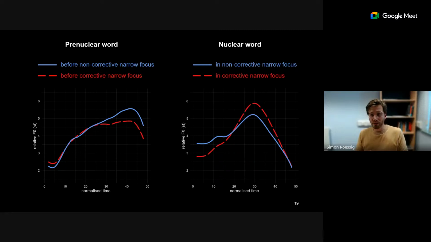So we have a certain dimension of givenness, and it overlaps with the dimension of focus. Contrastive versus non-contrastive narrow focus would be a way to overcome this, because in this case the prefocal part would be given in both cases, and the focus part would be new. Yeah, thanks for this suggestion.